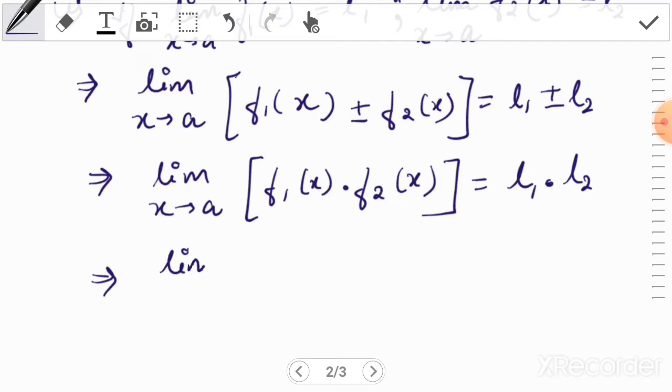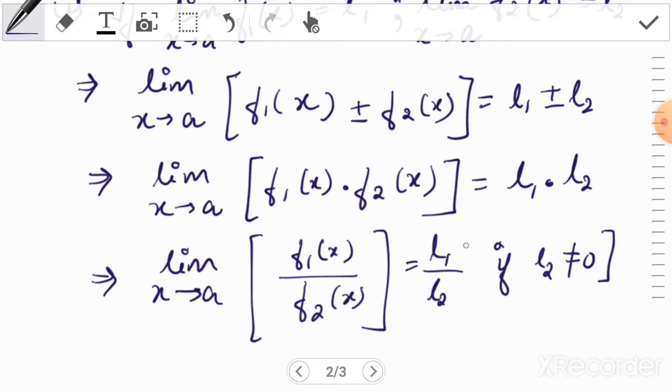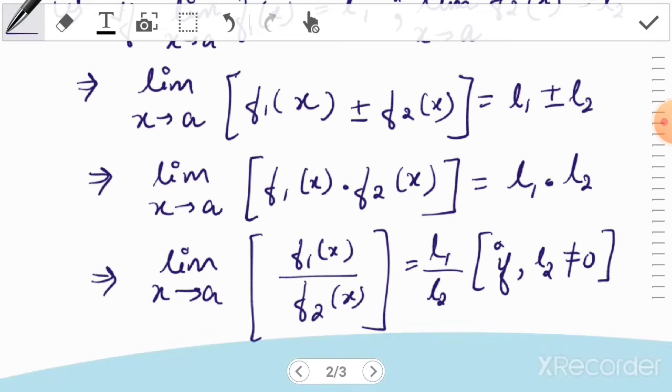Also, limit x tends to a f1(x) by f2(x) is equal to L1 by L2, given that L2 is not equal to 0.